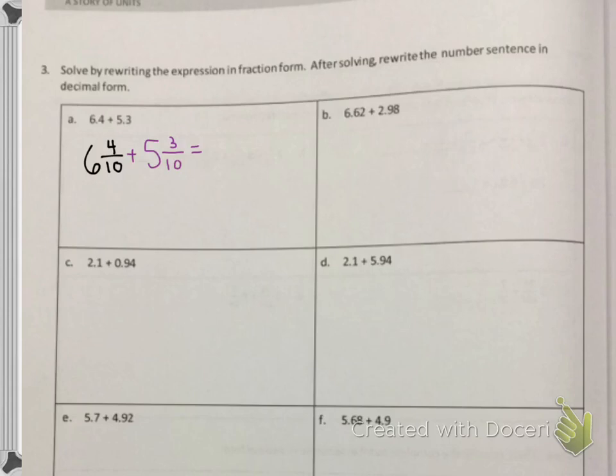So to make this easy, we are going to add the whole numbers first to get 11, and then we're going to add the numerators to get 7/10. Then once we get our answer as a mixed number, they want us to rewrite this as a decimal.